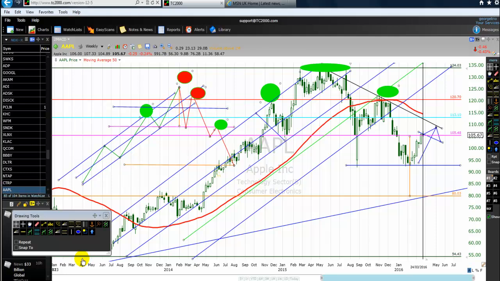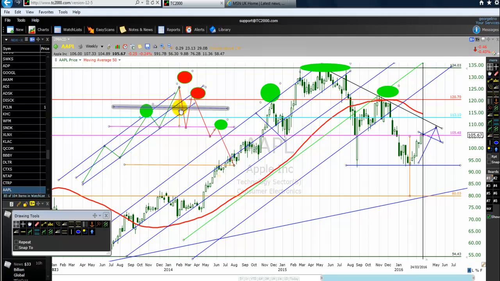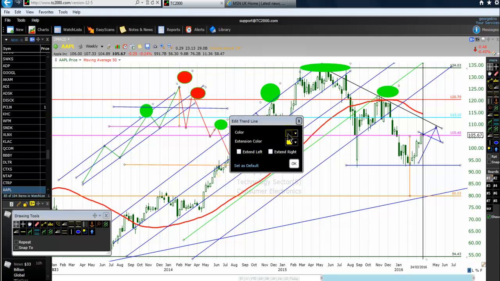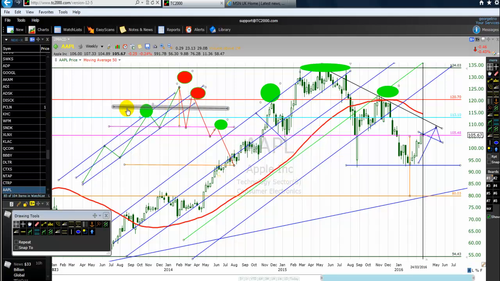So now, what are the key levels you must watch? You must watch the height of the head. You must watch the neckline. You must watch the midpoint of the distance between the head and the neckline, which is this one here. Let's color it now into black again. Beautiful color. Here it is. So we will be watching the midpoint of the distance from the head to the neckline.